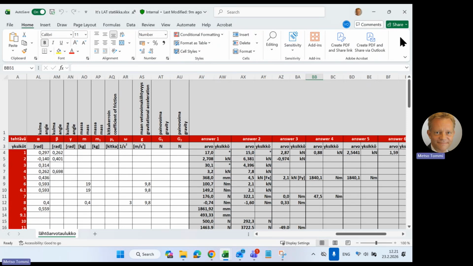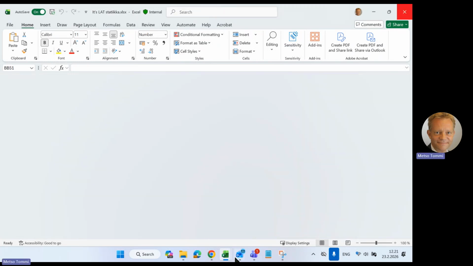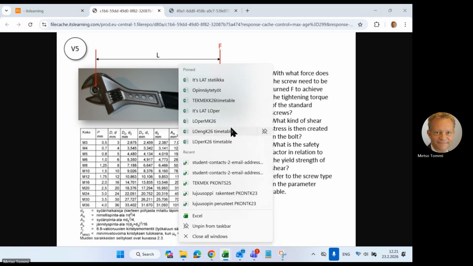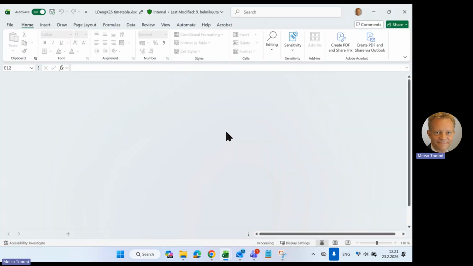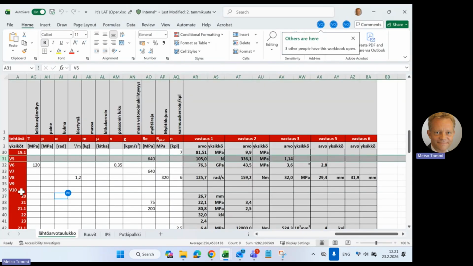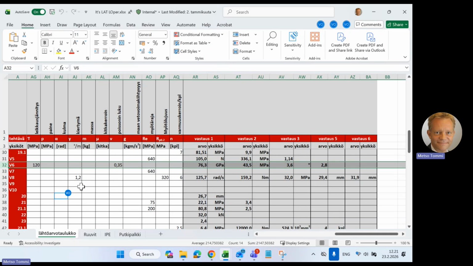Oh, this is the wrong parametric table. Let's change. This one. So when you calculate, you have to look at this V5 and the next one, I think it's this V6.